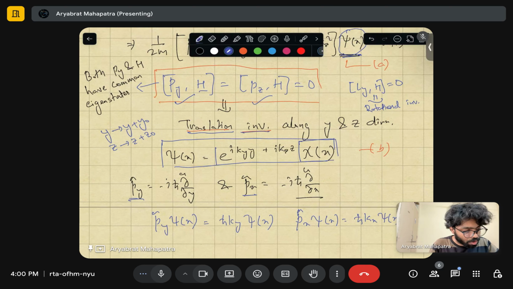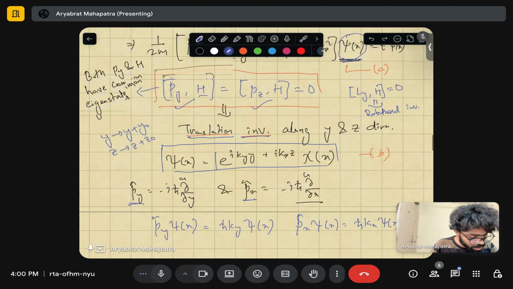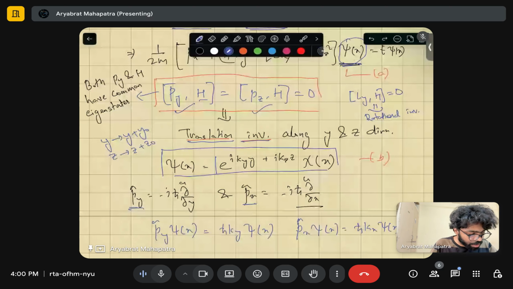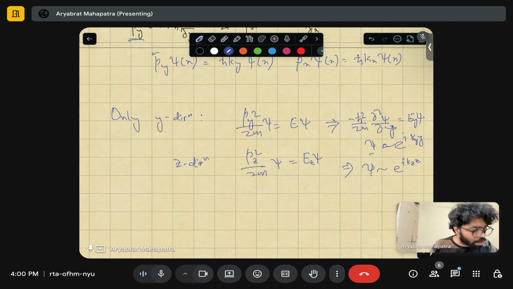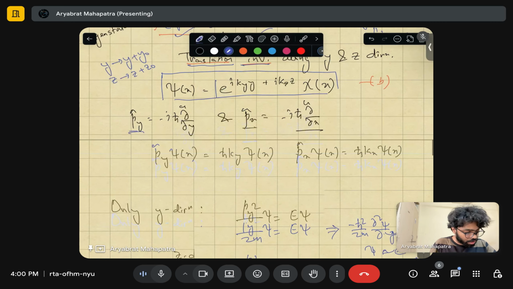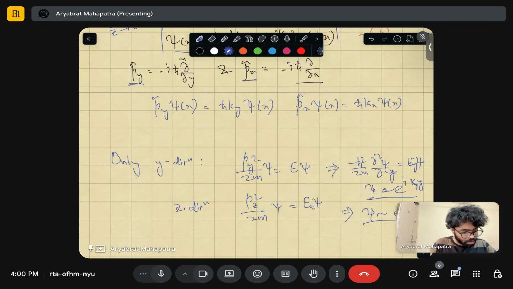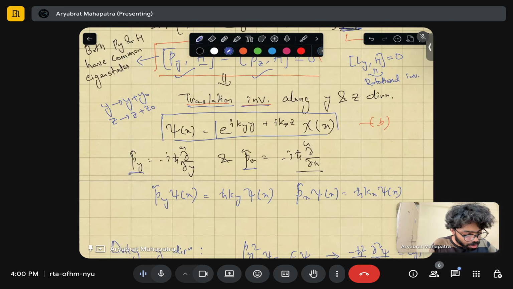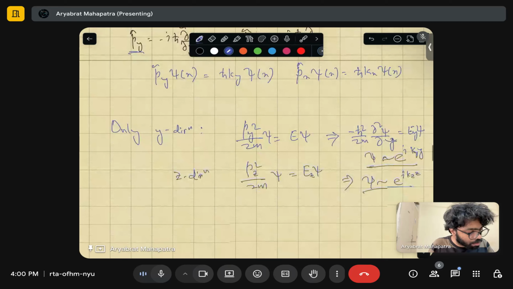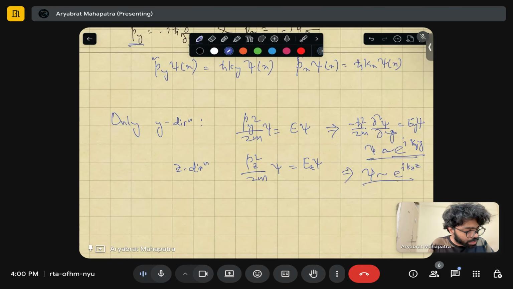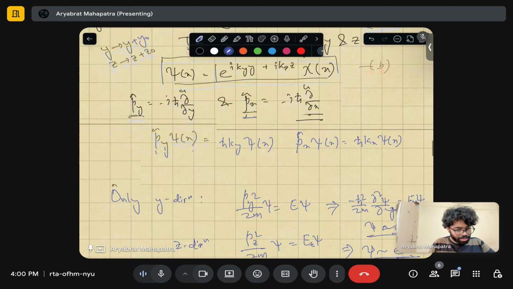But from the dependence of the solution on y and z, it will surely be exponential of i ky y and exponential of i kz z, which are the solutions of a free particle. Along y and z you have free particle behavior, so you can write the final solution as a product of these two exponentials.